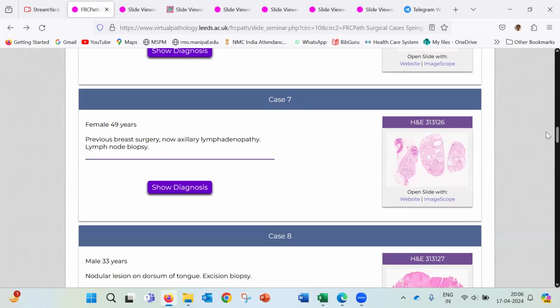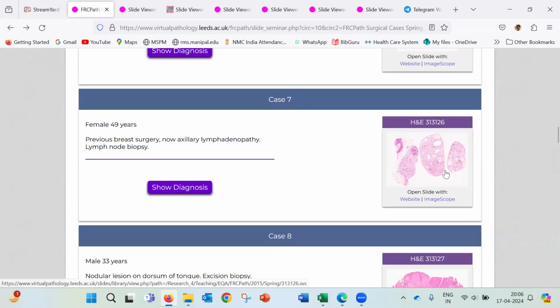Okay, moving on to our next case, case 7. It is another interesting case. That is a 49-year-old female patient with previous breast surgery. This is quite an important clue. And now the patient has presented with axillary lymphadenopathy.